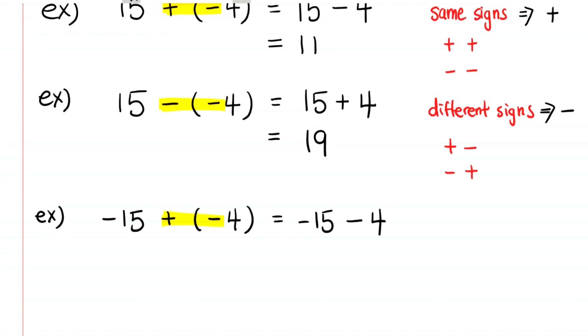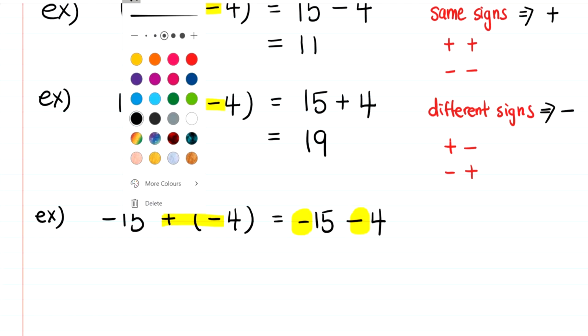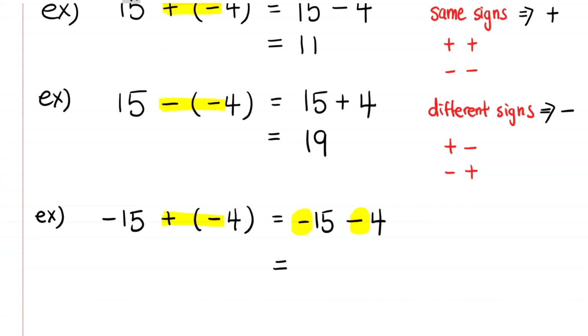Okay, so if you have this expression, negative 15 minus 4, then what we are going to do is look at these signs. These signs are the same, which means the answer is going to be also negative. And what you're going to do is just add the numbers without the sign.